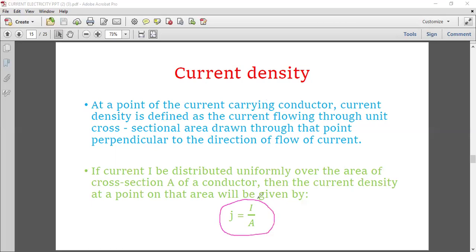It's clear. Then current density at different points of the same cross-section. जो करंट डेंसिटी की वैल्यू होगी एट द डिफरेंट पॉइंट्स ऑफ द सेम क्रॉस सेक्शन दैट विल बी सेम. ये एक क्रॉस सेक्शन है, इसके डिफरेंट पॉइंट्स पर अगर हम करंट डेंसिटी की वैल्यू फाइंड आउट करें दैट विल बी सेम. इट्स क्लियर.